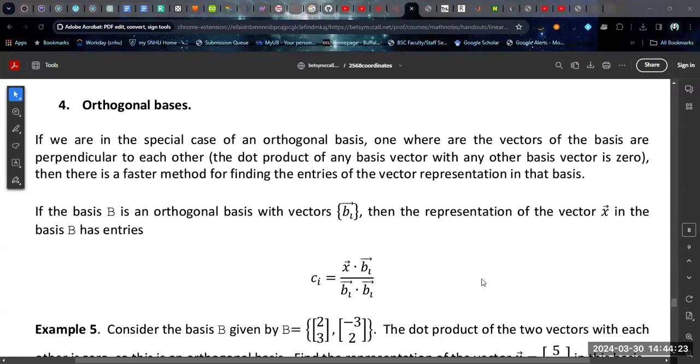Now, in our final example, we're going to look at orthogonal bases. This is the special case where the vectors in our bases are perpendicular to each other in traditional coordinate systems, or orthogonal more generally, because we can also apply definitions like this to function spaces and things like that.